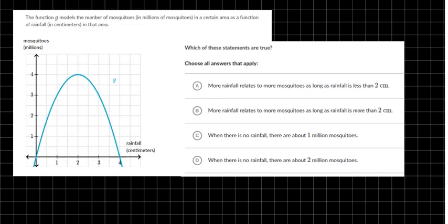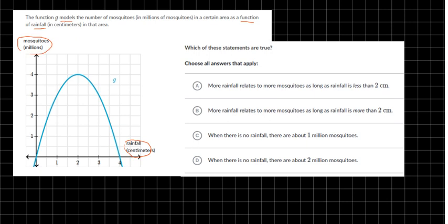Let's look at our next question. The function g models the number of mosquitoes, in millions of mosquitoes, in a certain area as a function of rainfall in centimeters in that area. So here's our rainfall, and here's our number of mosquitoes.